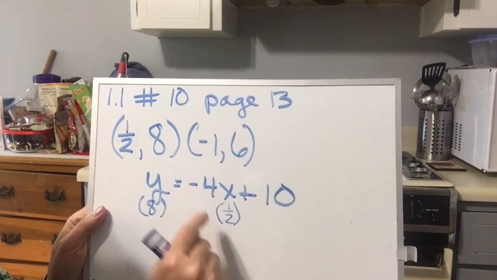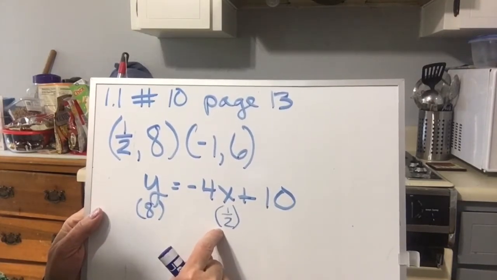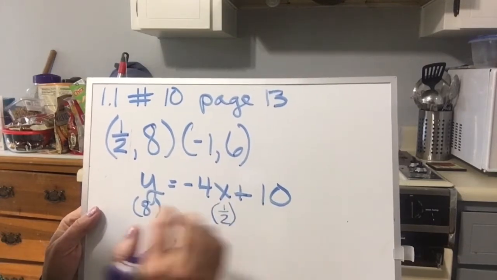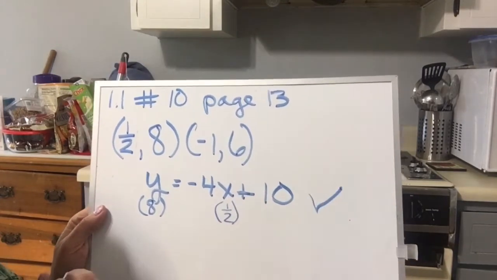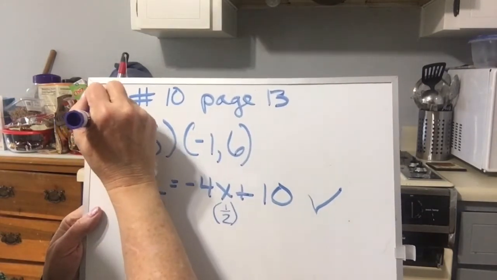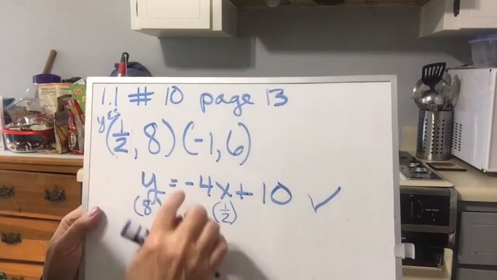When I do -4 times 1/2, I get -2 plus 10, and that is a positive 8. So this one is a yes point. It makes this equation true.